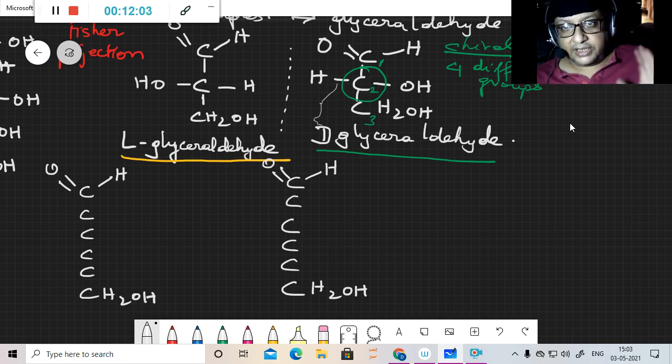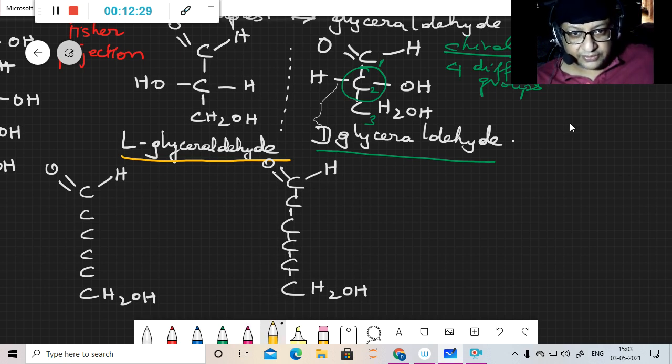Now if we look in the case of glyceraldehyde, what would you consider to be the chiral carbons? So let us draw L and D glyceraldehyde. First let us draw the D form.